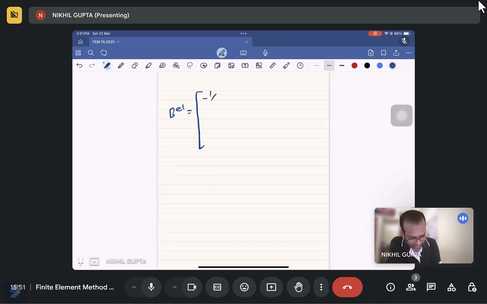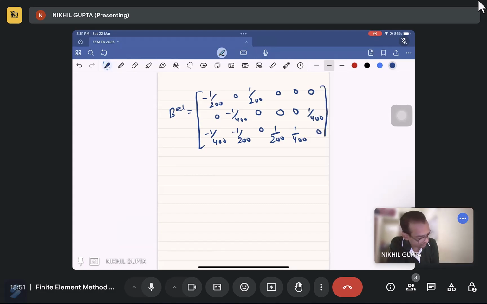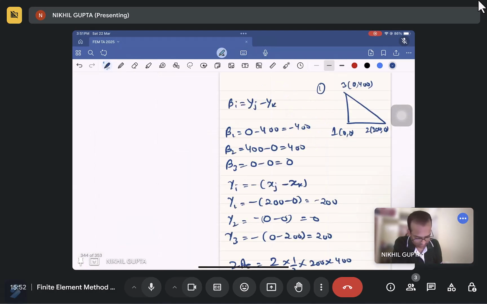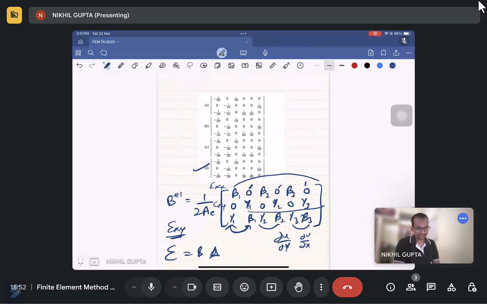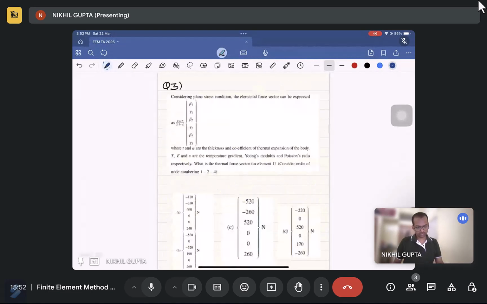We'll get 1 by 400 with minus 1 by 200 and so on, the rows of zeros and 1 by 200, 1 by 400 as shown. So this is the B matrix. You'll see the answer is D part. Just simple mathematics in this question.